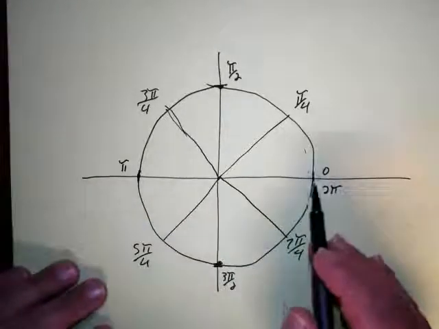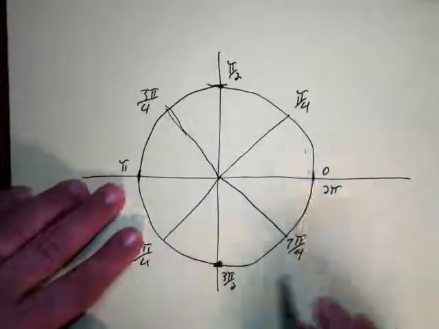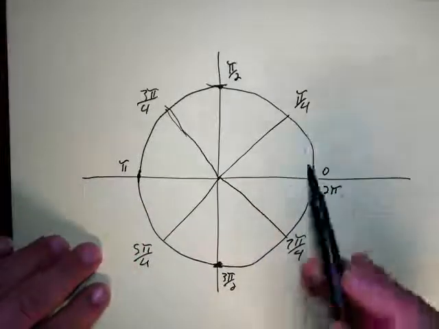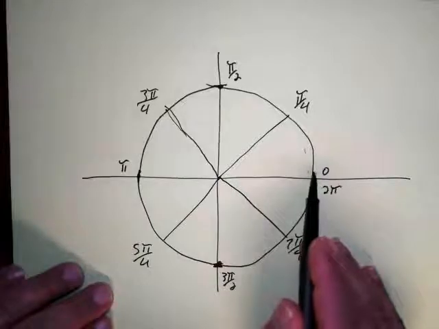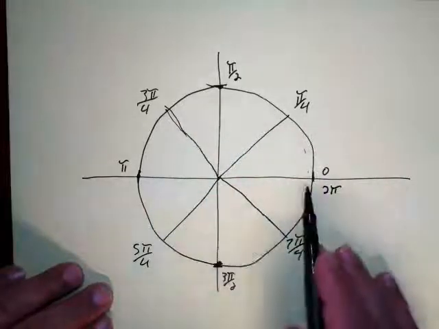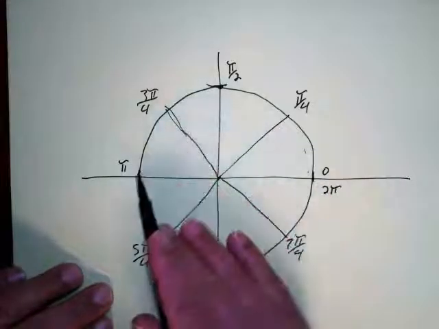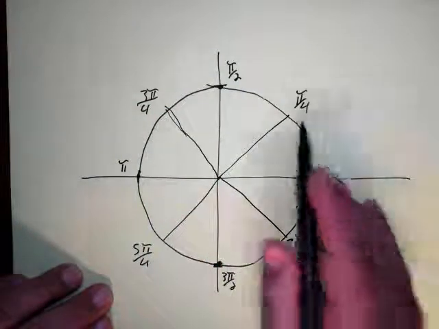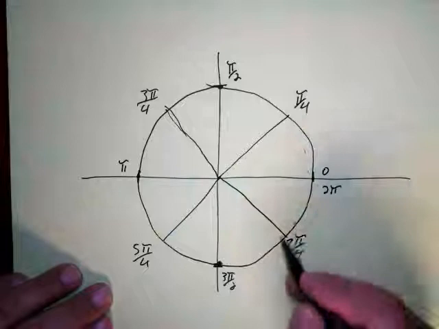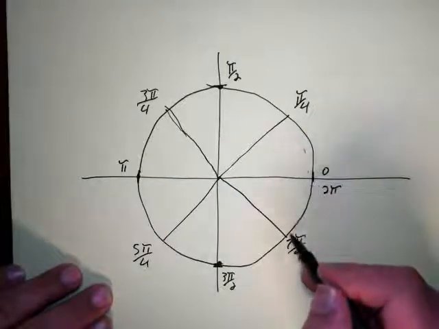Let me show you something. One way of thinking about this: I remember for pi over 4, there's going to be 8 of them around the circle. There's 4 of them for the top half of the circle, 4 of them for the bottom half. So if I know there's 8 of them, then to get this one, I just have to go back 1.